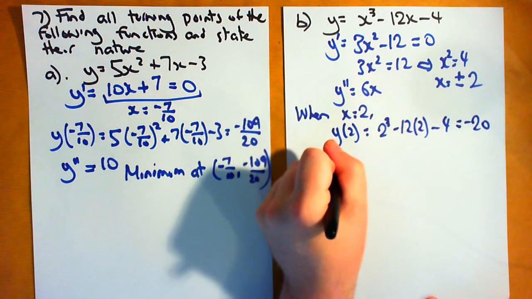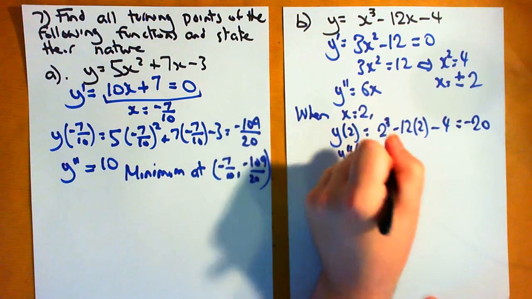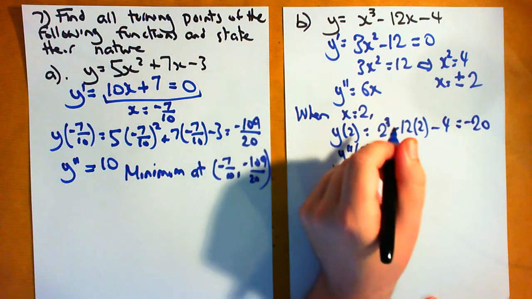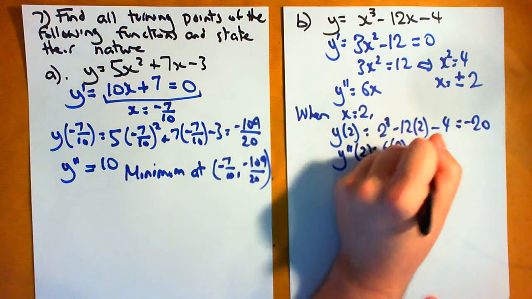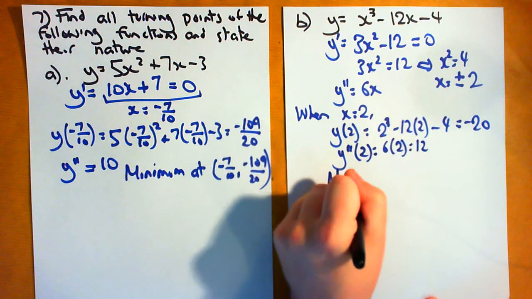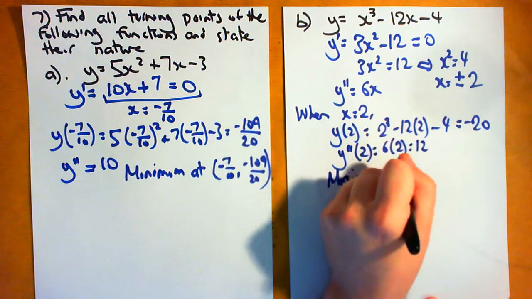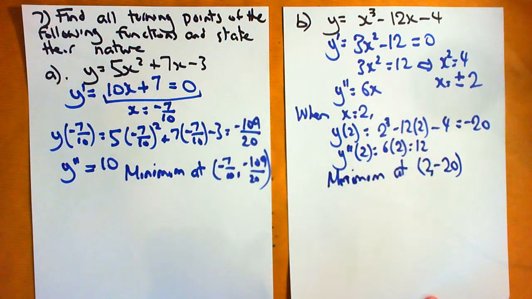And what about the second derivative? So y double dash of 2. We need to substitute 2 into that as well. So we get 6 times 2 is 12. That's a positive answer, so it's a minimum at x was 2 and y was negative 20.